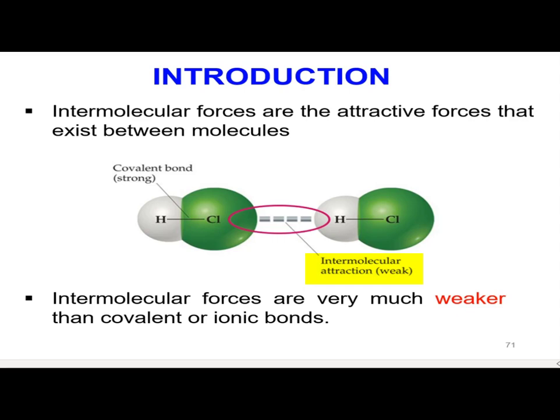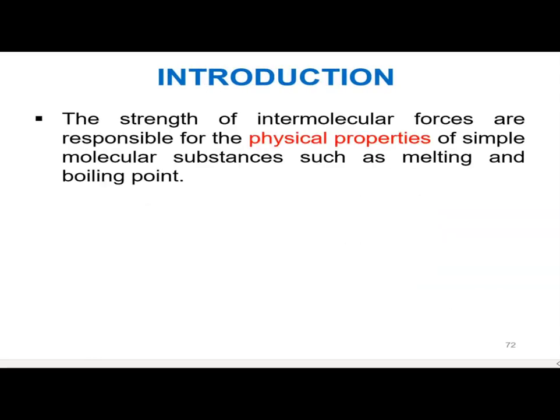The strength of intermolecular forces are responsible for the physical properties of simple molecular substances such as melting and boiling point. Therefore, different molecules will have different types of intermolecular forces that will affect the value of melting point or boiling point.